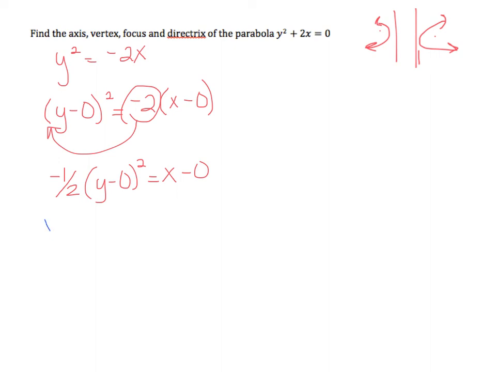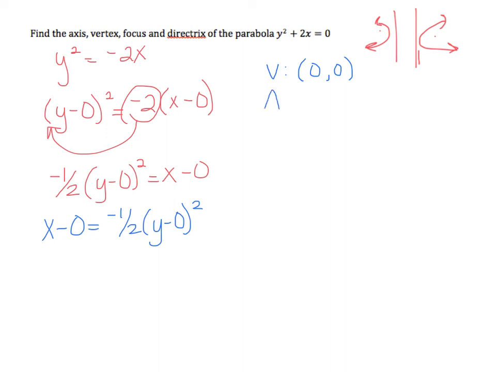So the proper form of this equation, I would say, looks like this. Now that we've gotten that done, we need axis, vertex, focus, and directrix. I, again, always start with the vertex because it's pretty easy to see straight out of this equation, and the vertex is at 0, 0.